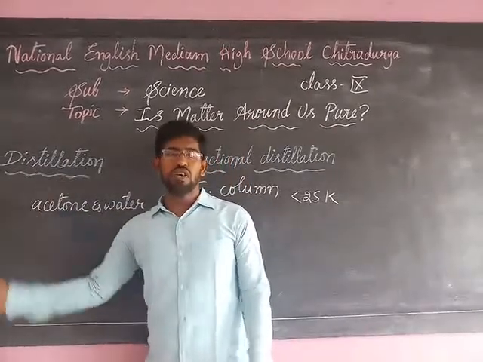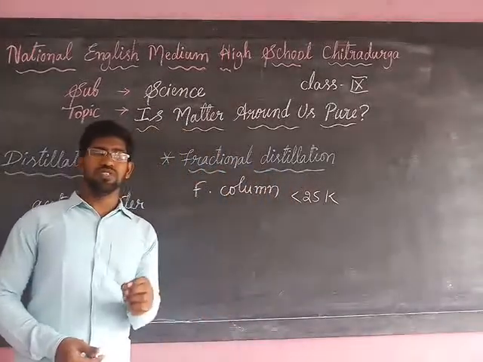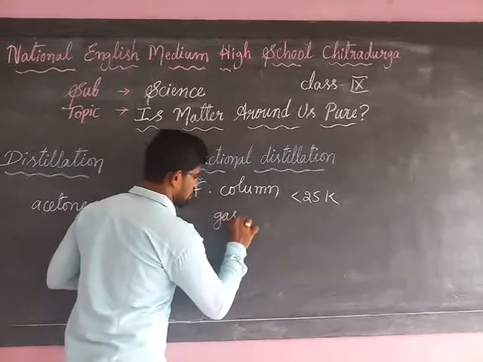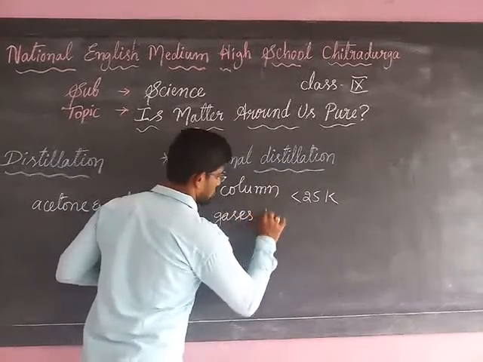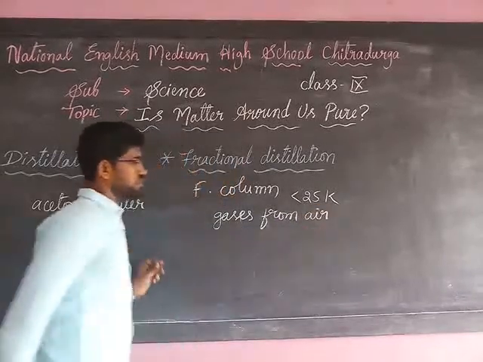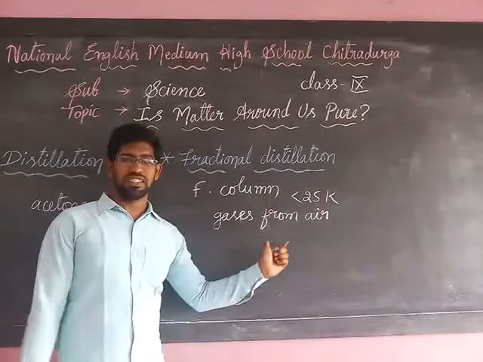Is it not? Fractional distillation is used to separate the gases from the air. So we use this method to separate the different types of gases present in the air.